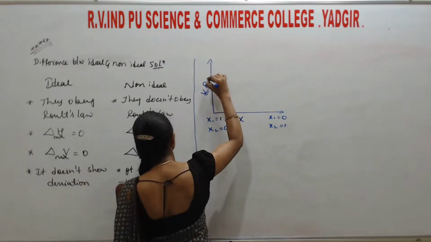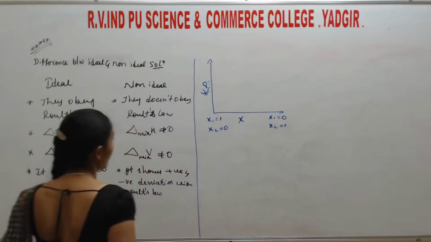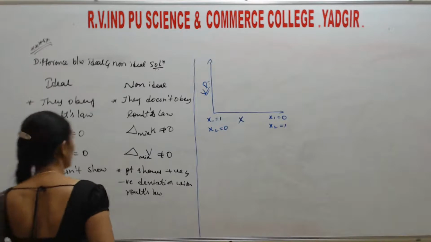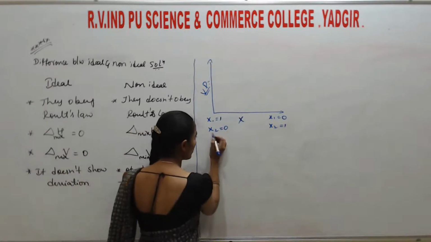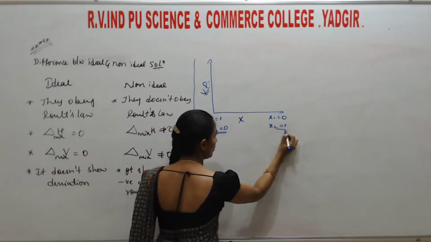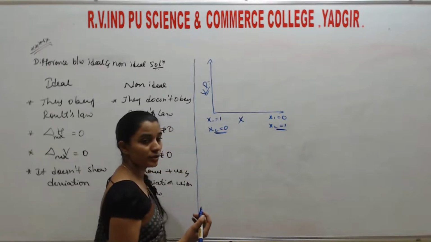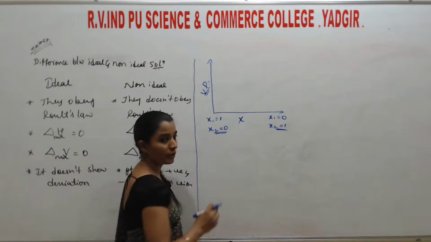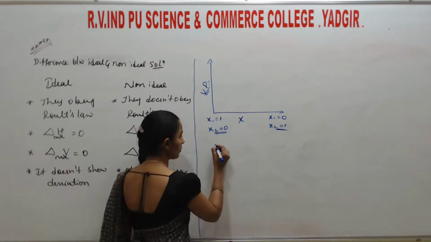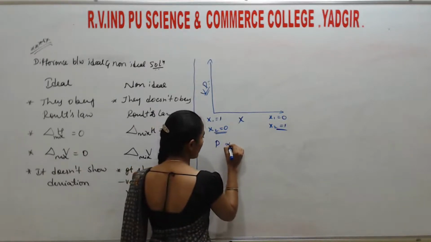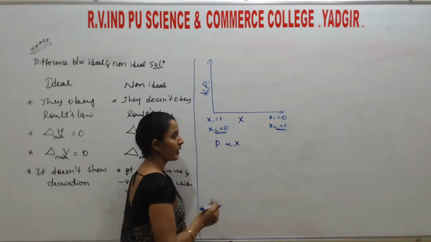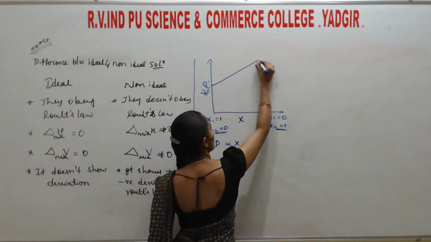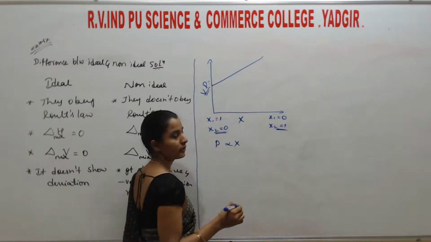Students, the vapor pressure of the solution increases as the mole fraction of the second component increases from 0 to 1. I told you Raoult's law: P is directly proportional to X. So if X increases, P also increases. This shows the variation like this.